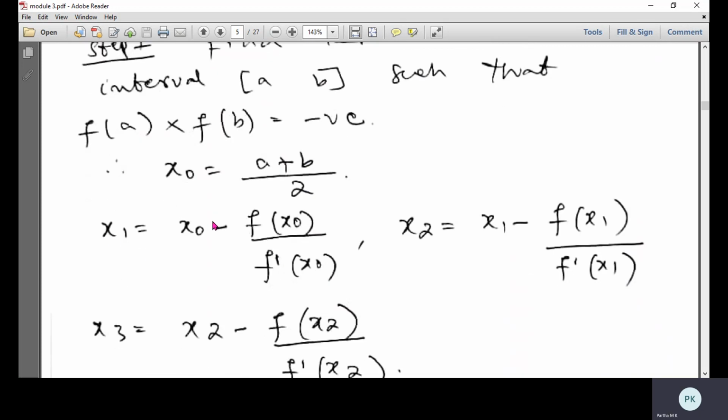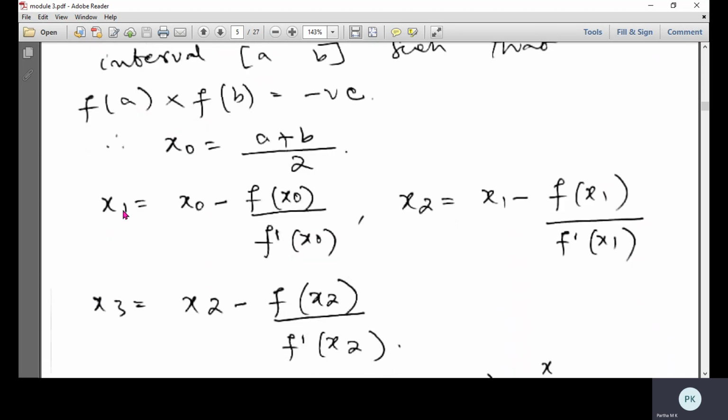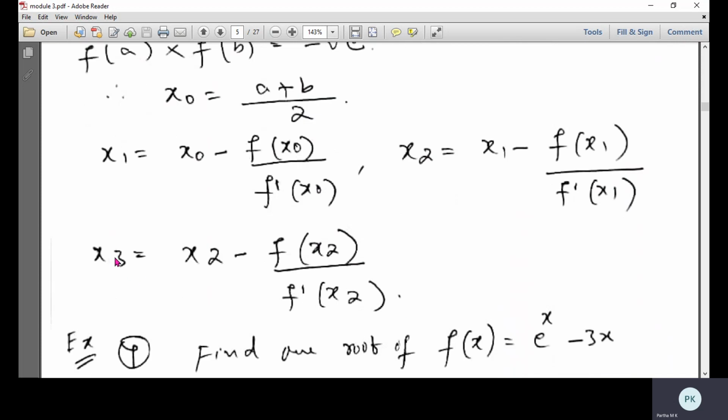Write this formula, x1 is equal to x0 minus f of x0 by f dash x0. Increase the suffix by 1, x1 becomes x2, x0 is x1. Similarly, go on increasing, x3 is equal to x2 minus f of x2 by f dash x2. x4 is equal to x3 minus f of x3 divided by f dash x3.